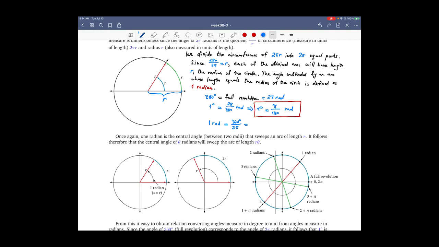Upon the cancellation by 2, we get 180 over pi degrees. That actually is roughly 57 degrees. So 1 radian is roughly 57 degrees.